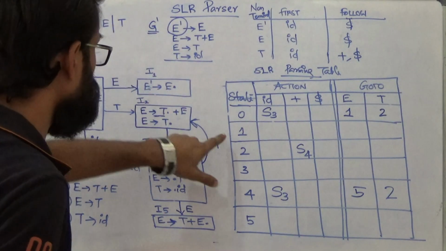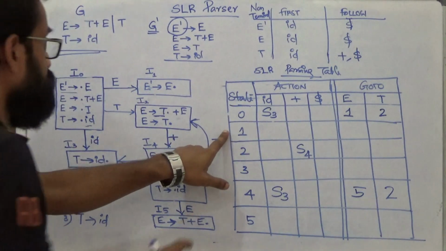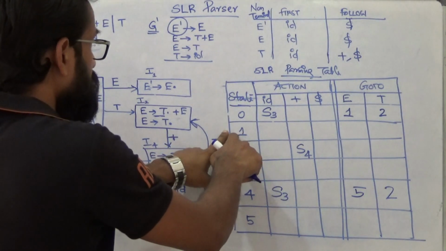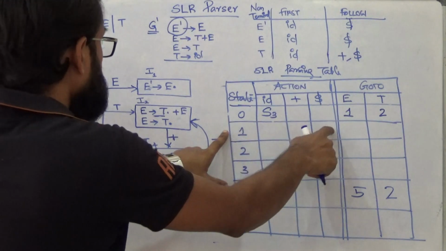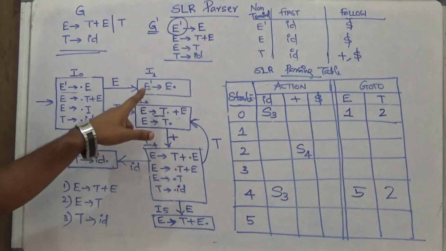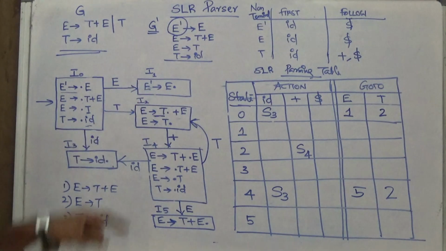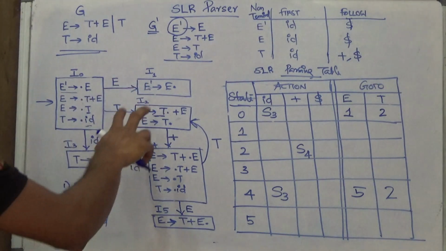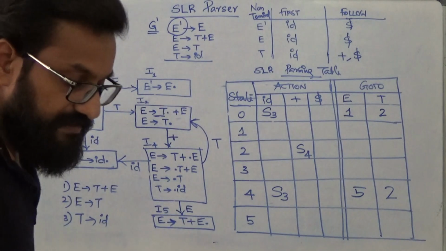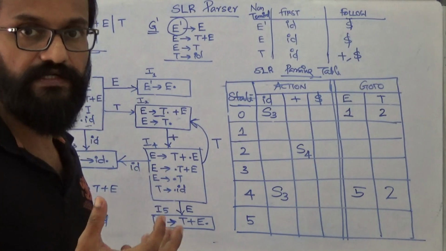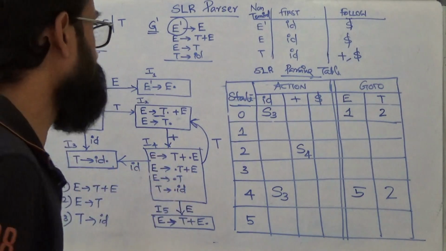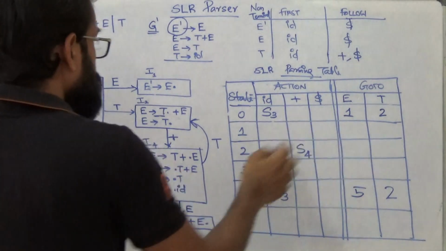So this state is actually 1. So you have to create entry corresponding to everything in follow of left hand side, and this is actually trivial because whenever the parser applies reduction E dash giving E, then you are expected to accept that string, and it happens at dollar.